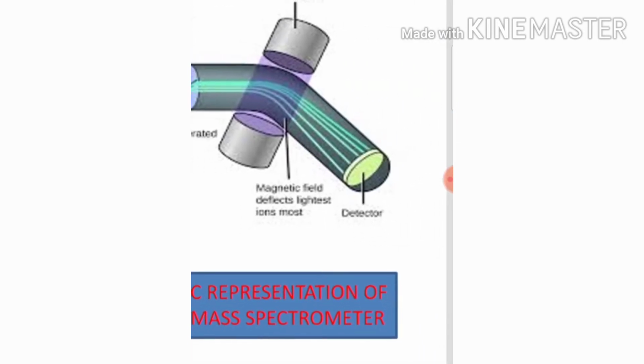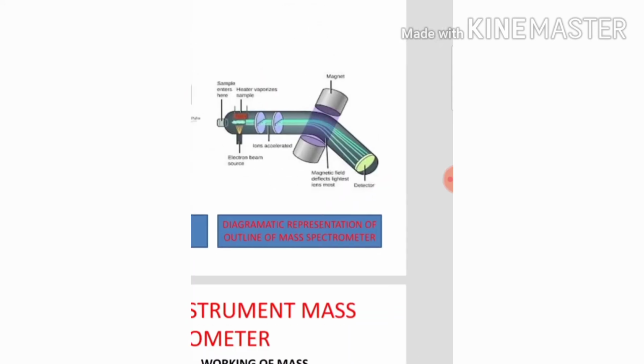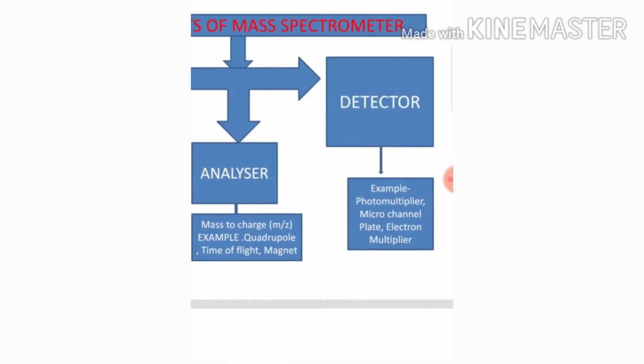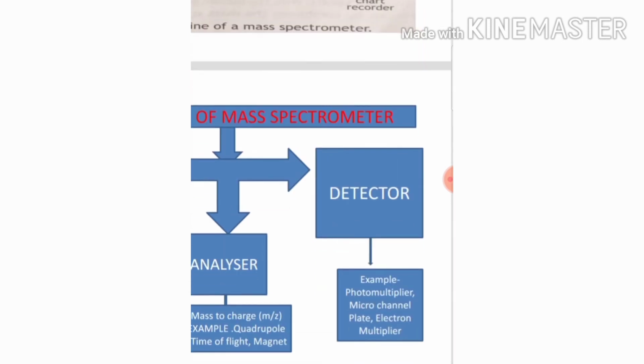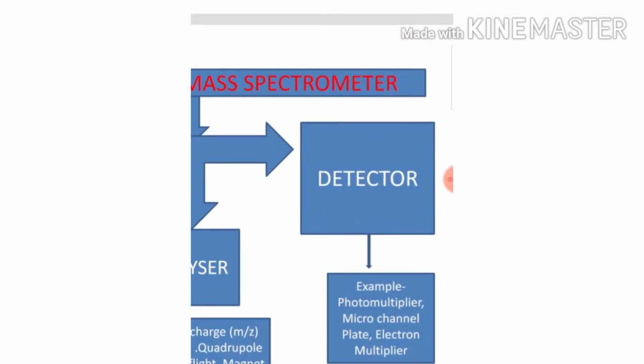The detector is connected with a particular unit, the amplifier, and the detector has different systems: either a photomultiplier, a microchannel plate, or an electron multiplier.